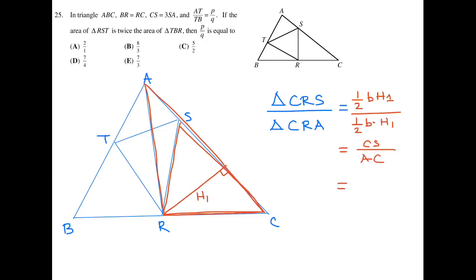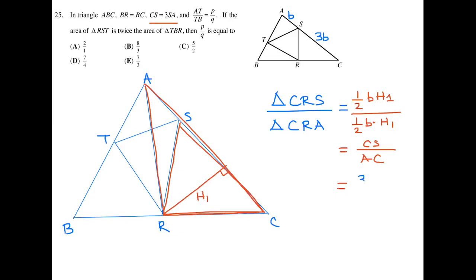Well, how does this help us? Well, this is where this comes in. So let's say SA is B. So if CS equals 3SA, let SA equal some variable like B, and therefore SA is B, and therefore CS is 3B.